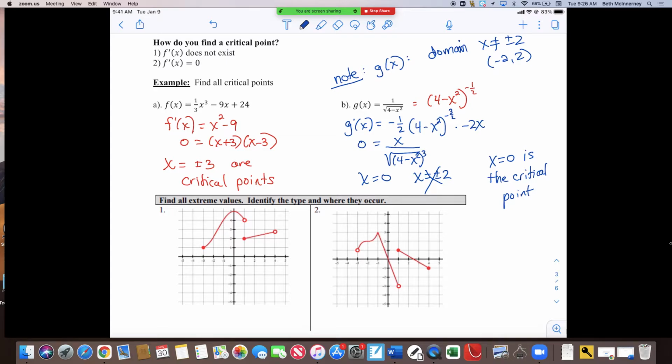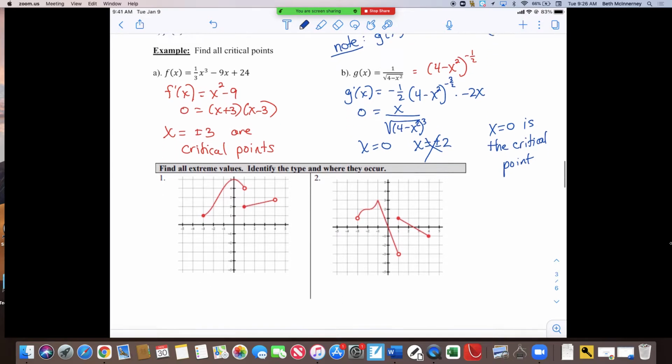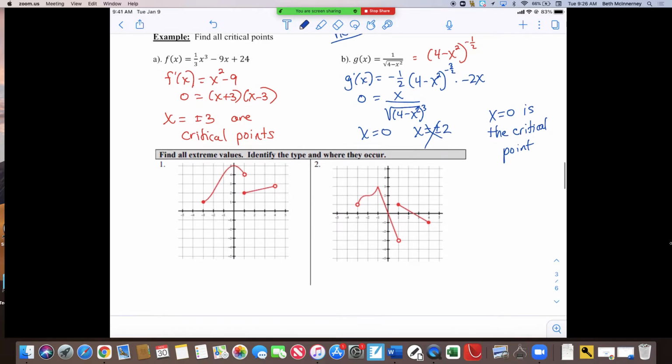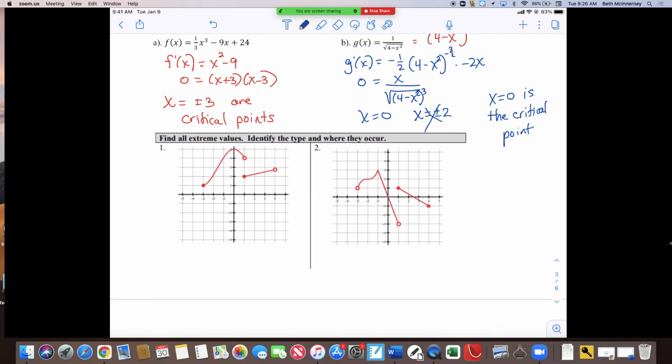All right, in 1 and 2 below, it says find all extreme values. Extrema, or extreme values, are your maximums and your minimums. So I'm going to give you a moment, and I want you to find absolute or relative, max and min.